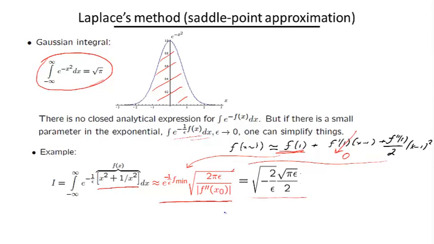Let me also mention another fact, which I'm not going to prove, but it's important for the following: even if we have a slightly different integral, where we have an exponential of i, the imaginary constant i, over some small parameter times f of x, this integral oftentimes can also be simplified using this very similar saddle point approximation that we just discussed. The reason is that e to the power i f of x can be written as a bunch of cosines and sines.